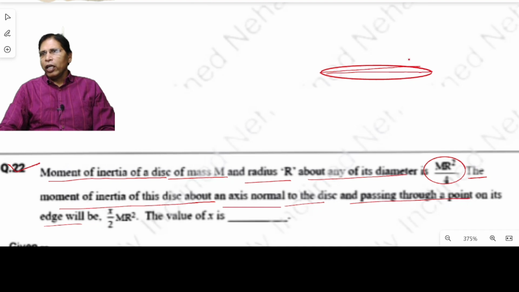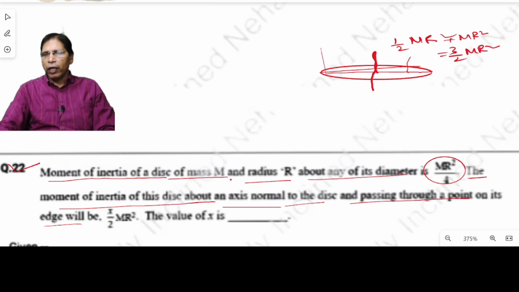Now, moment of inertia about an axis normal to the plane equals half mr square. So moment of inertia about this axis is equal to half mr square plus mr square. So this is the 3 by 2 mr square. Now this is the x by 2 mr square. So here x is equal to 3.